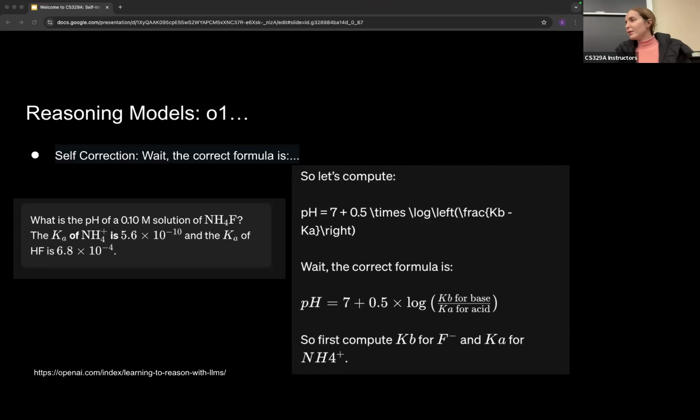And then the model itself interestingly says, wait, the correct formula is this. The model is correcting itself, it seems, after outputting a wrong formula. And then this is the correct formula, and the model can go and compute and come up with the answer.